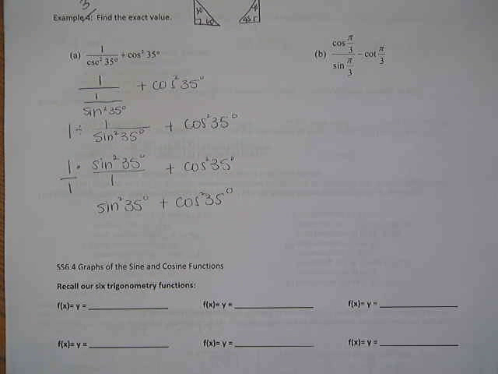Well, I can't have a calculator, so I can't really sit here and punch that in. But if you look at this, sine square of 35 degrees plus cosine square of 35 degrees, what do you think that is? Is there an identity or a formula that we can use?